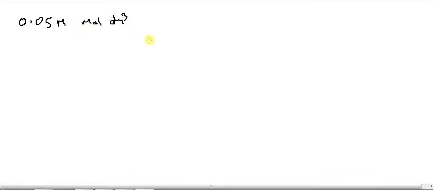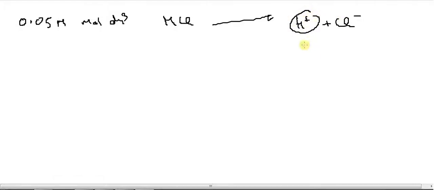Now, if I've got a solution this strength, 0.05 of HCl, as in the first video we went through, the hydrogen ion plus chlorine, what happens is all this 0.05 moles of HCl will dissociate into H plus and Cl minus, and so we have got 0.05 moles in 1 litre, 0.05 moles of protons.